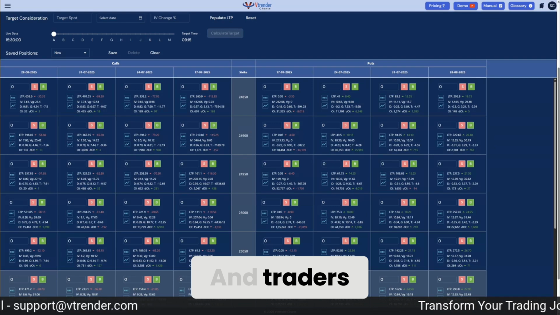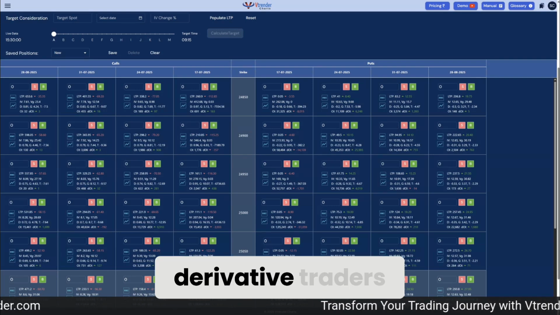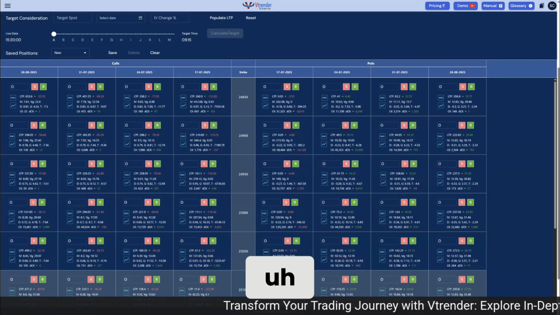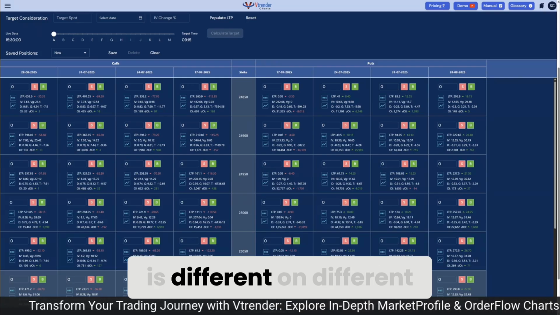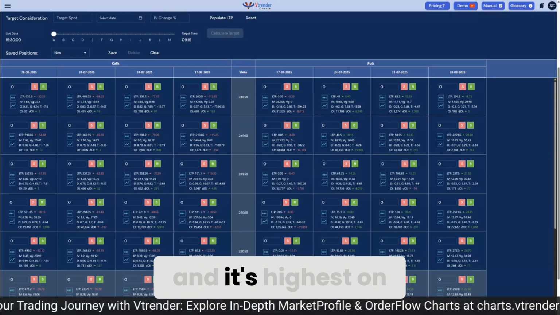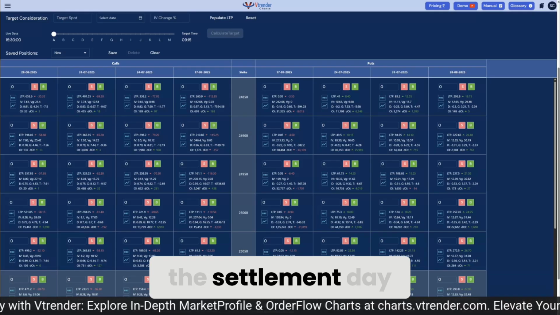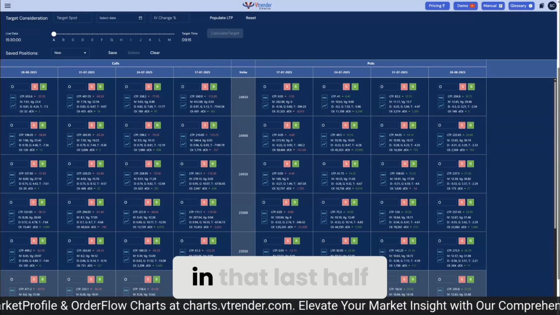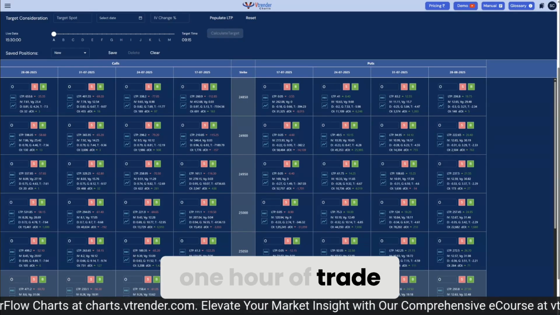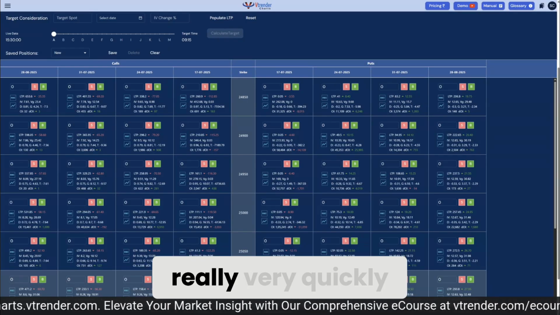Derivative traders who are trading settlements need to understand what gamma is, because gamma is different on different days of the week and it's highest on the settlement day, which is why the gamma impact comes maximum in that last half an hour, 1 hour of trade, when moves are really very quick.